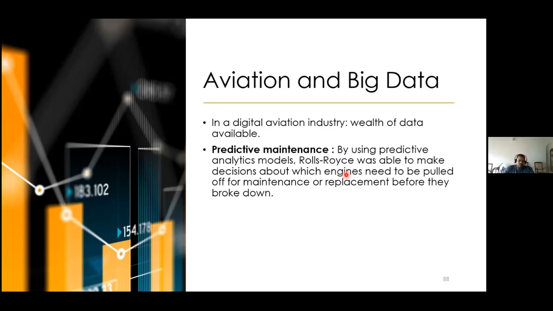So, Rolls-Royce, Boeing, Lockheed Martin, all of them have come up with some very interesting data analytic models that will help them to make decisions about engine maintenance and overall maintenance of certain devices, right?